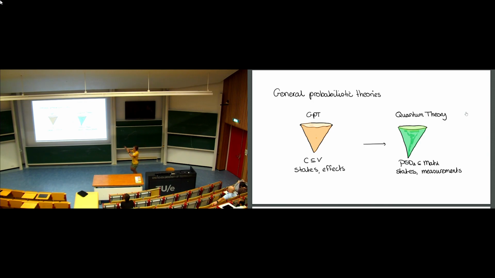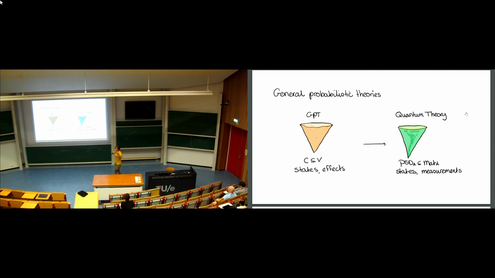And you describe all physics using this cone, basically. But people are also interested in describing more general physical theories, basically to find out why quantum theory just uses this PSD cone, why it is so important, what the properties are, and so on. So they're also interested now in looking at general cones and thinking about particles living in there.